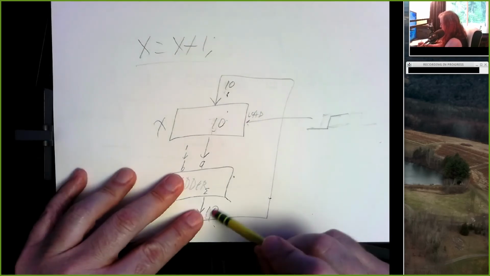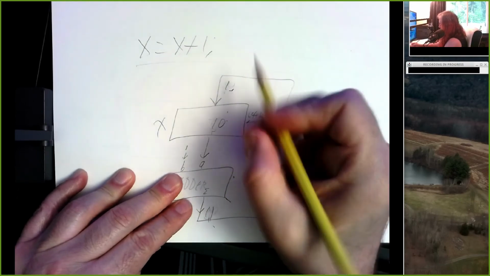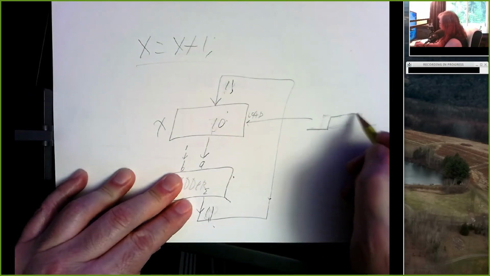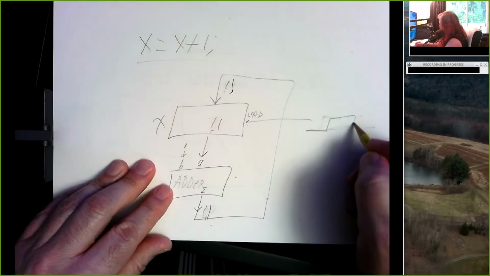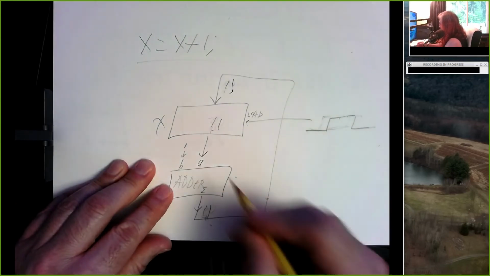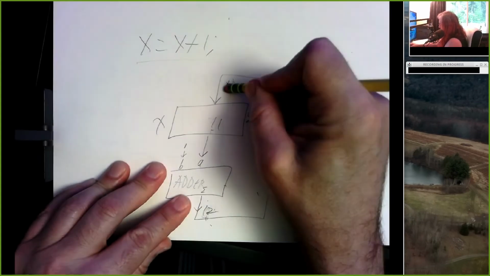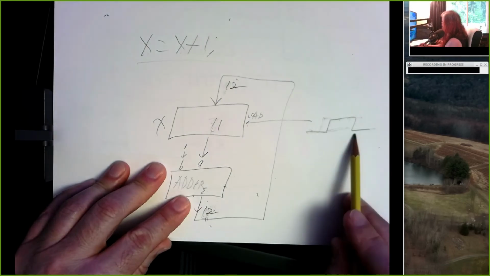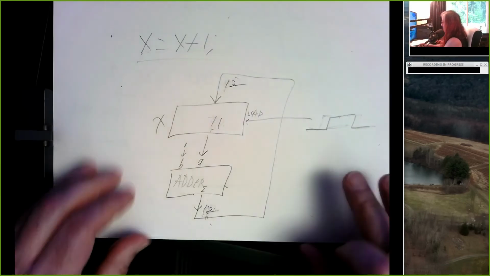10 plus 1 is 11. 11 comes around and feeds the D inputs. Our load line is still high. 11 gets loaded into here. And maybe at this point, our load line drops to low. So 11 plus 1 is 12. We have a 12 feeding the D inputs. But since the load line is low, that 11 is latched in there.